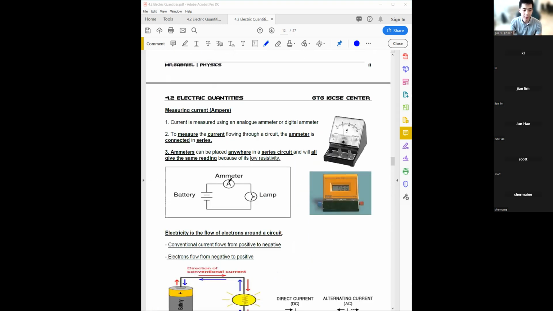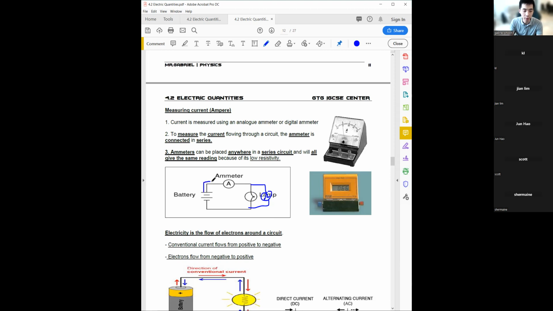This ammeter part here is basically stating that ammeters generally have very low resistivity. Okay, and because they have very low resistivity, you cannot connect it in parallel here. Why? Because current will always flow the path of least resistance. Meaning to say, if let's say I'm an idiot, and I decide to connect an ammeter like this, I know for a fact that my light bulb is not going to light up at all. Why?